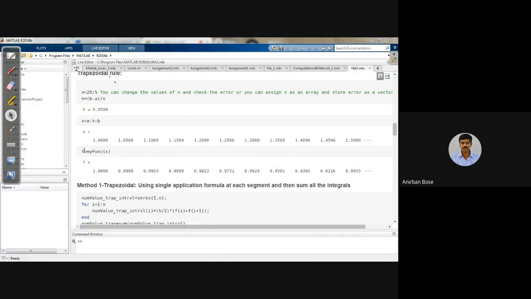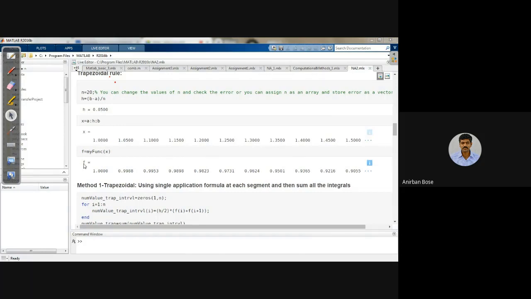Now myfunc is already defined, so we have created a new variable, say f, and we are assigning f as myfunc of x. x is a vector that we are passing, so f will also become a vector, and it will calculate all the functional values corresponding to each element of x.